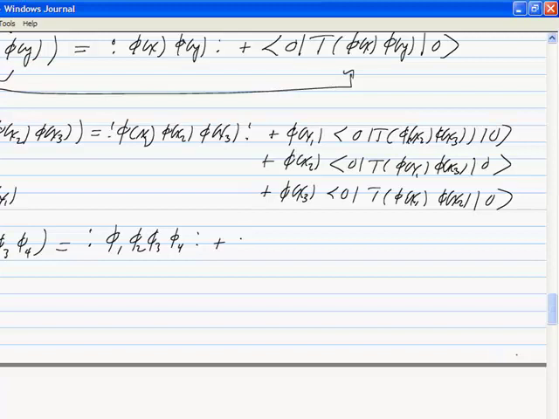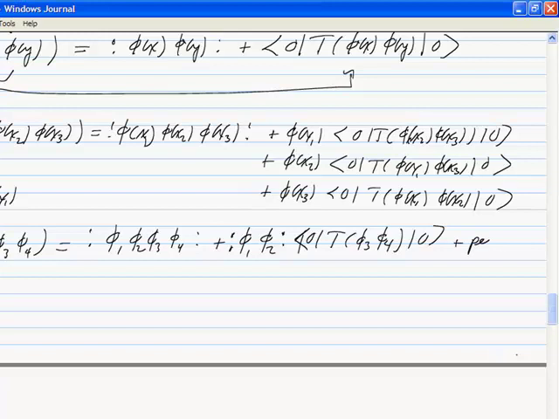Then there are terms that look like phi 1, phi 2, propagator, and these guys here are normal ordered themselves, so they act only on external states.